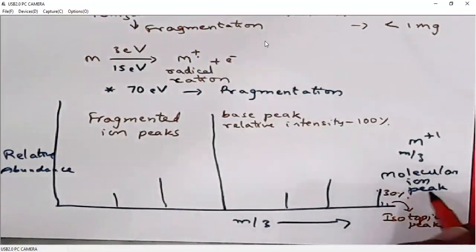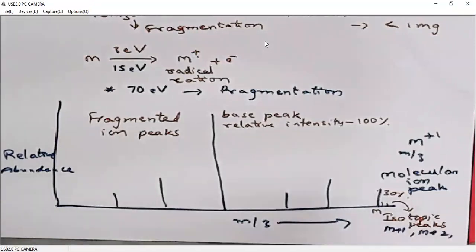If we take the molecular ion peak as the M peak, then we call the isotopic peaks the M plus 1 peak, M plus 2 peak, and so on. If the mass difference is 1, it is called the M plus 1 peak. If the mass difference is 2, it is called the M plus 2 peak. If it is 3, it is called the M plus 3 peak. So apart from these larger peaks, we also have small peaks which arise due to the presence of isotopes.